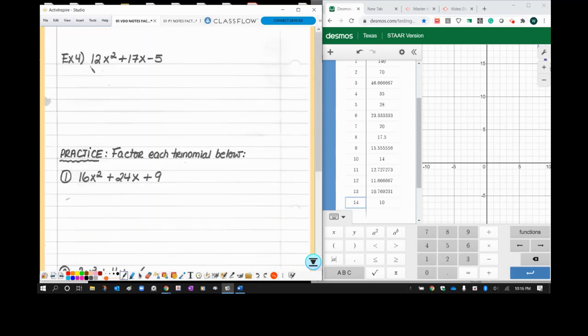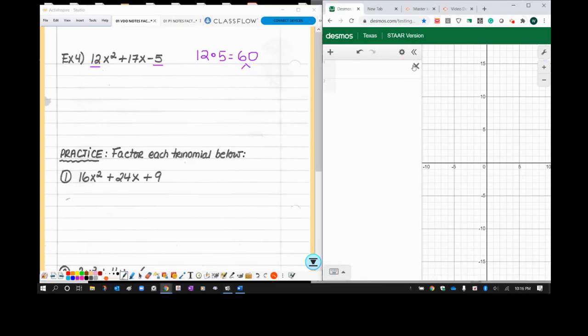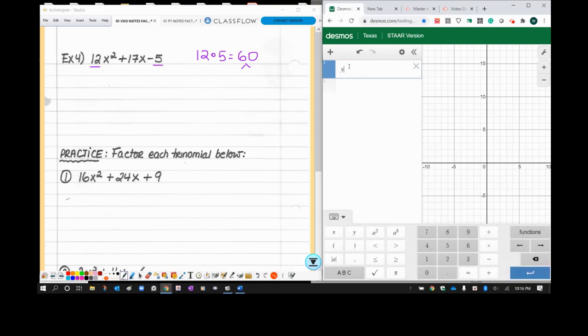Next problem, we're going to multiply 12 times 5, and 12 times 5 is 60. And we're going to produce a list that gives us 60. So let's go over here and click y equals 60 divided by x.